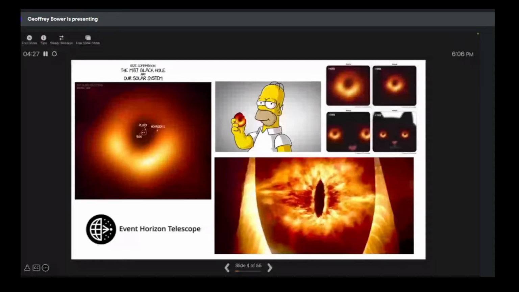As I said at the outset, this is work done by a huge number of people. The Event Horizon Telescope collaboration is now over 350 members in over 24 countries and regions around the world and dozens of institutes. This is the collaboration photo from the last time we were all together in one place in 2019 in Hilo.